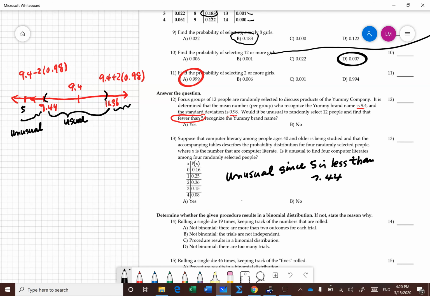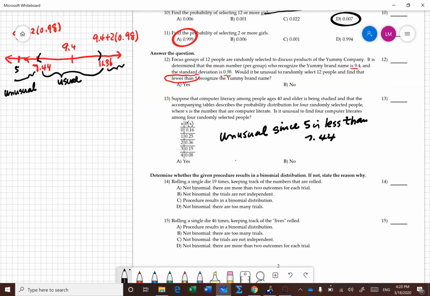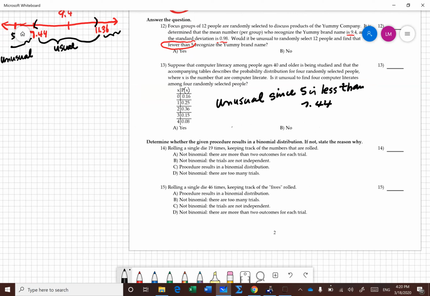Next one is: determine whether the given procedure results in a binomial distribution. Rolling a single die 19 times, keeping track of the numbers that are rolled. It's not binomial. Why?